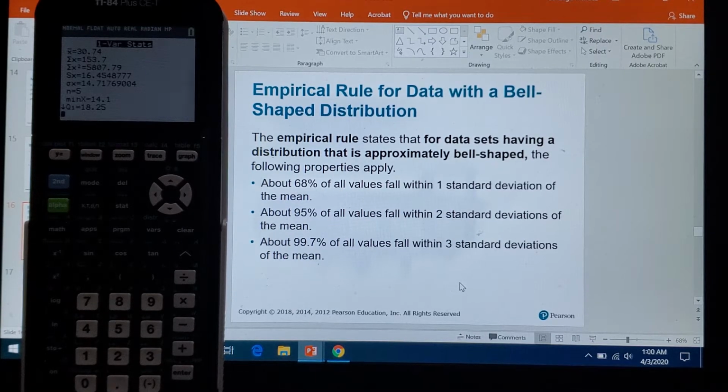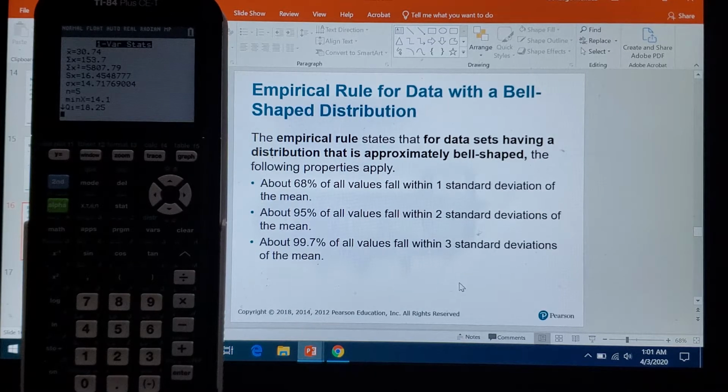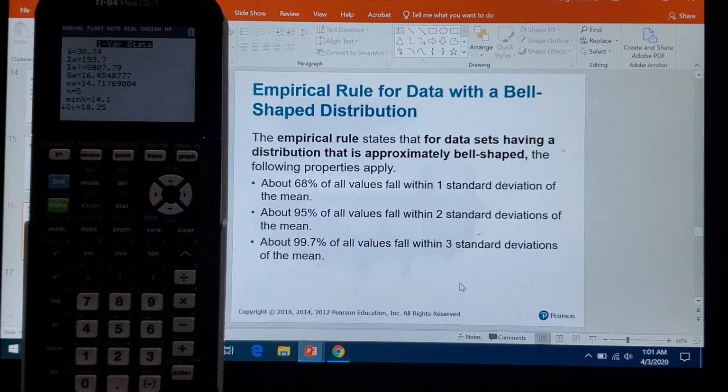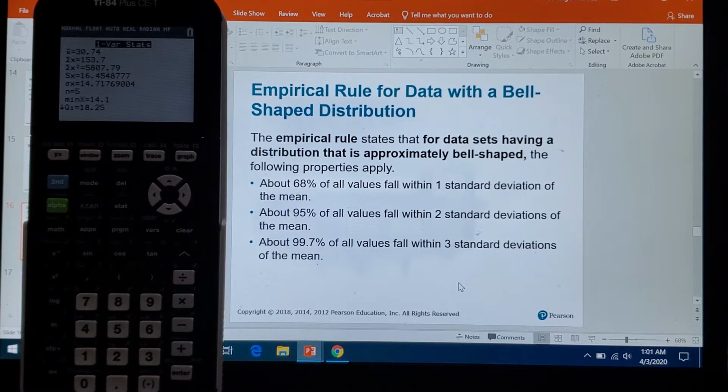And what this picture tells us is how our data values are deviating away from the mean. And this is how it breaks down. The empirical rule states that for data sets having a distribution that's approximately bell-shaped, the following properties apply. About 68% of all your data values fall within one standard deviation of the mean.